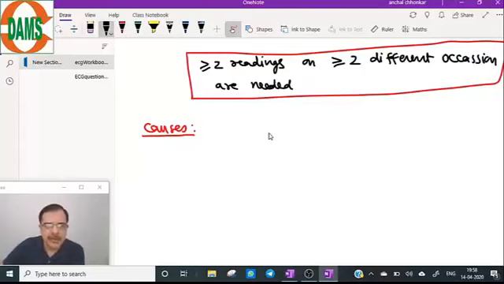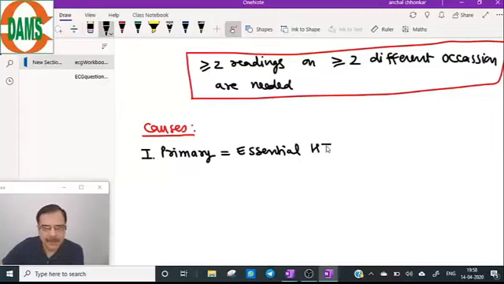The most common, number 1, is primary, also called essential hypertension. What does this mean?